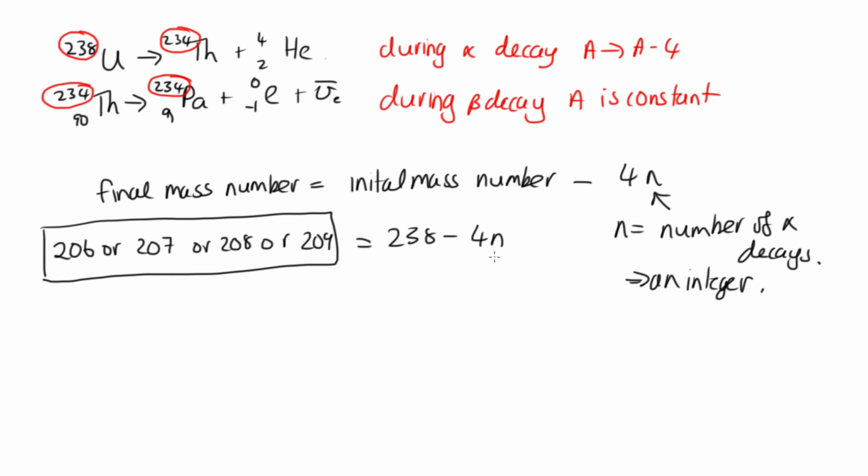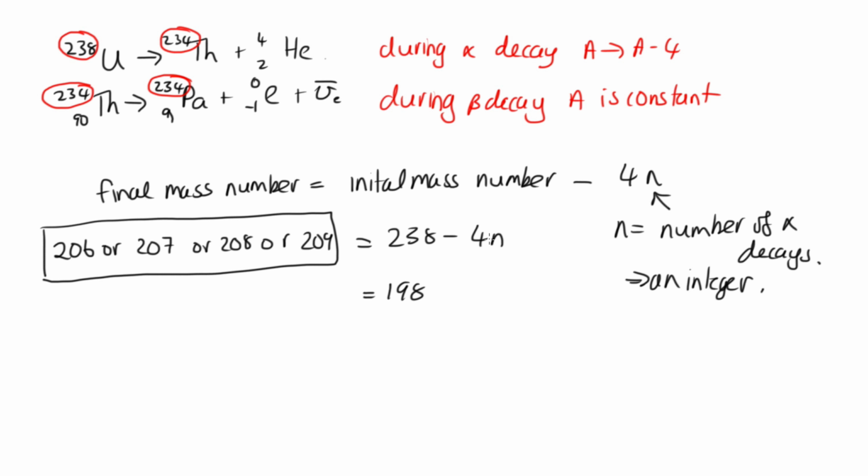Okay, so let's try and get order of magnitude-ish. If we tried 10 alpha decays, we'd be subtracting 40, and that would tell us that 238 minus 40 would leave us with 198, which is a bit too big, so we don't quite have 10 decays.